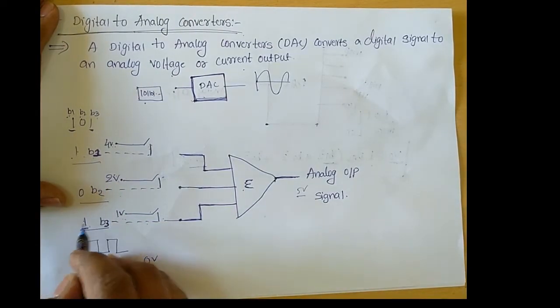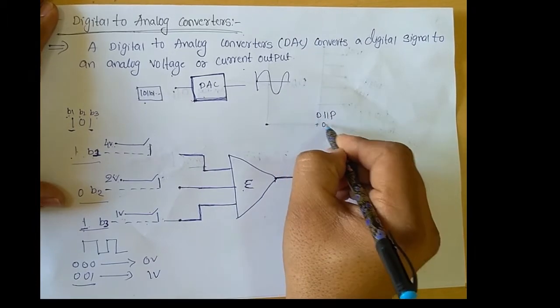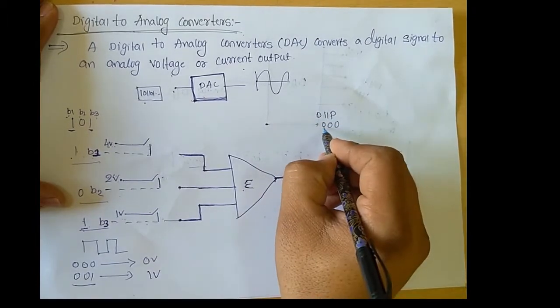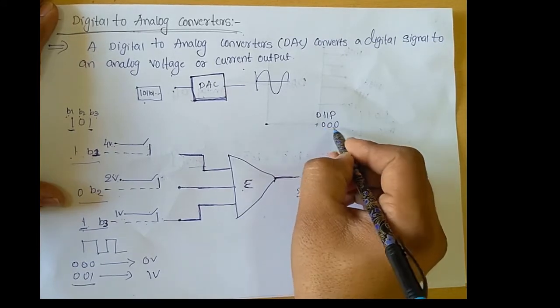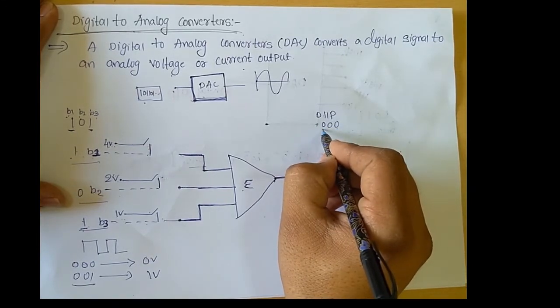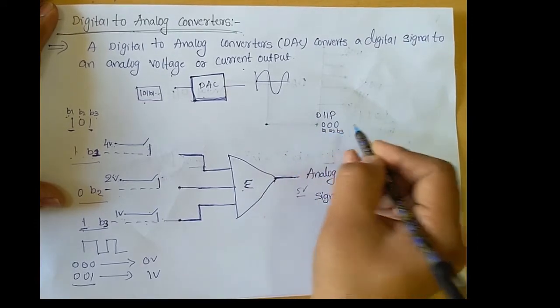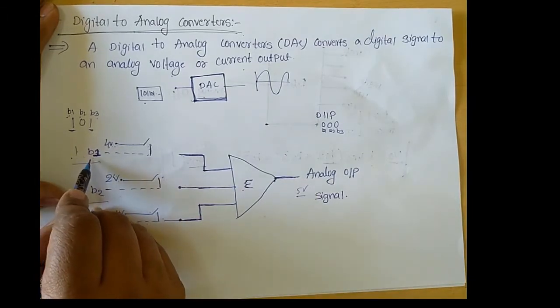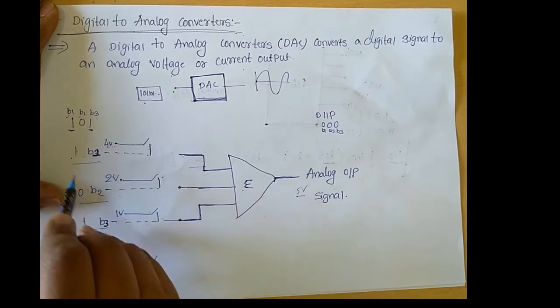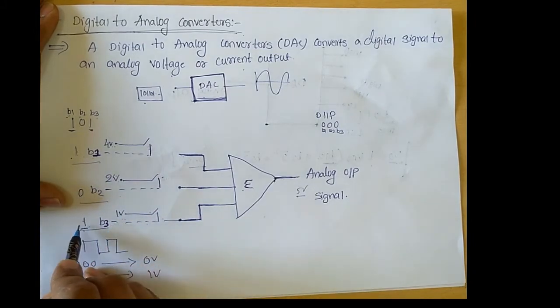For example, here we are assuming the digital input is 000. This is the most significant bit, MSB, and this is the LSB, and we can assume this is B1, this is B2, and this is B3. Here we apply binary bit 0 for B1, B2 also 0, and B3 also 0.